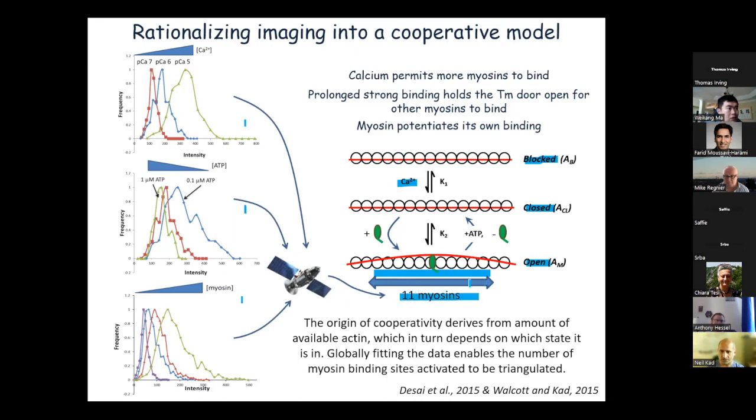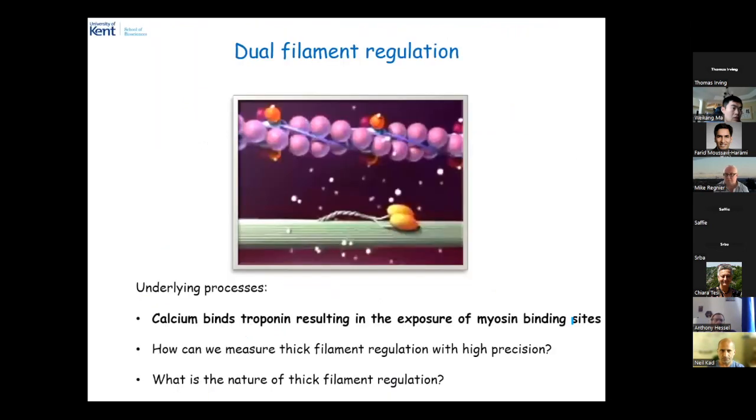It tells us that binding of 1 myosin propagates the binding of 11 further myosins, and that is what is behind the cooperativity that we see in myosin and tropomyosin-based activation of the thin filament. Now, if you want to know more about that, we published a couple of papers on this a few years ago. So let's go back to our original question.